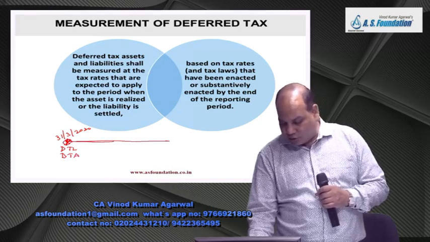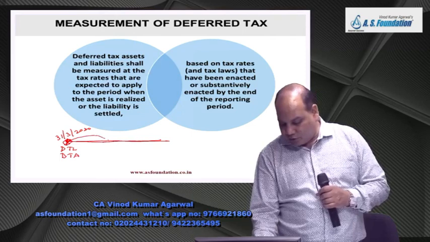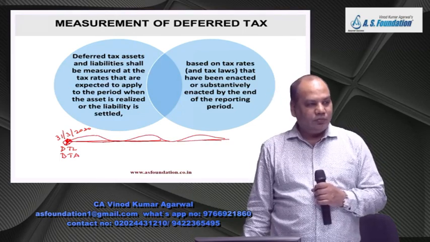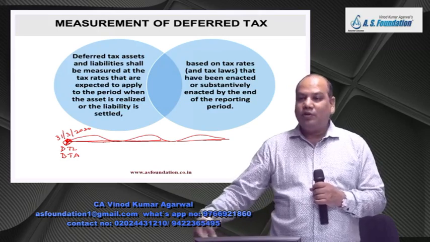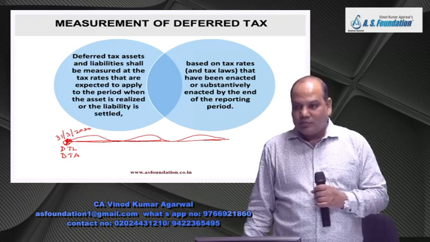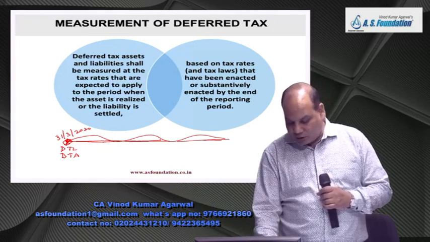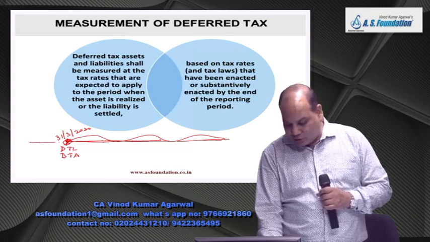This DTA or DTL is expected to reverse in a future period. This asset or this liability will recover in a future period. So the standard says, which rate should I apply?